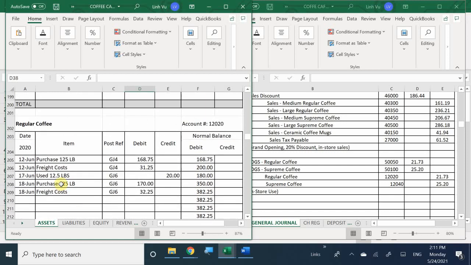Here there is regular coffee. I used 13.5 pounds at GJ7 and a credit of 21.76. I think it was 73, no?